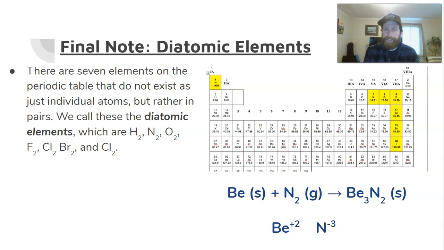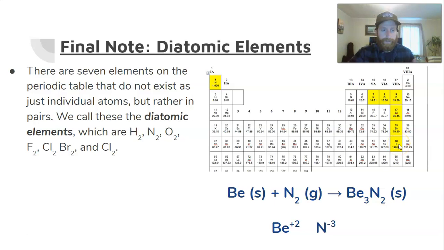So when these elements are alone and they're not bonded into compounds with other elements, they exist as pairs, and we call those pairs diatomic elements. There are 7 of them. A helpful way to remember that is they kind of make a 7 on the periodic table, and then hydrogen. So it's hydrogen, nitrogen, oxygen, and then the halogens, fluorine, chlorine, bromine, and iodine.